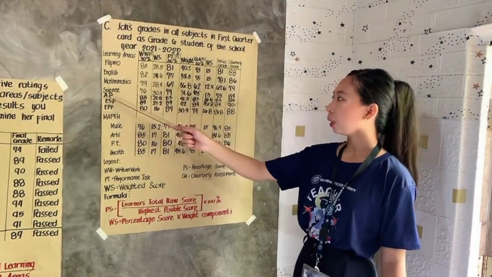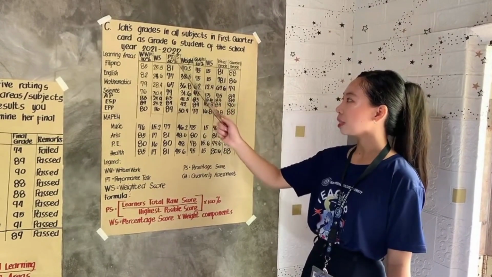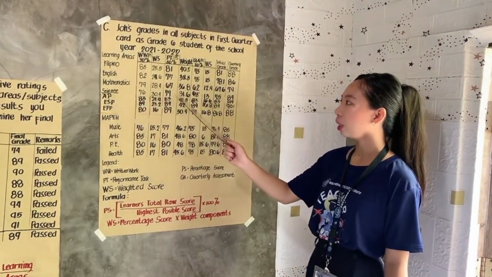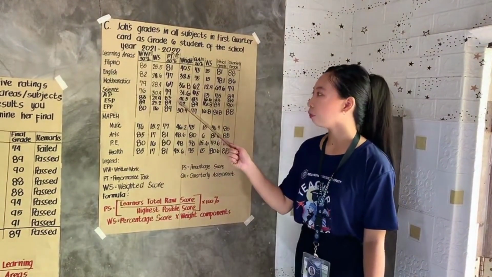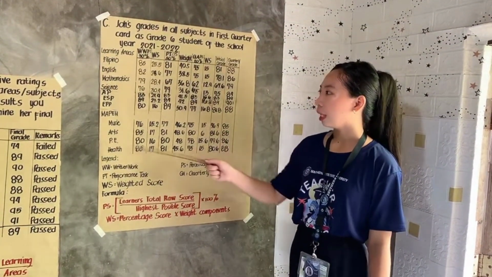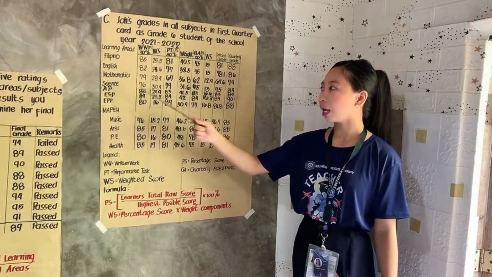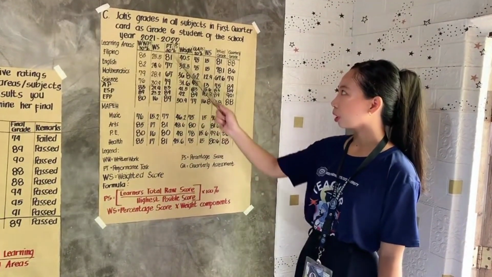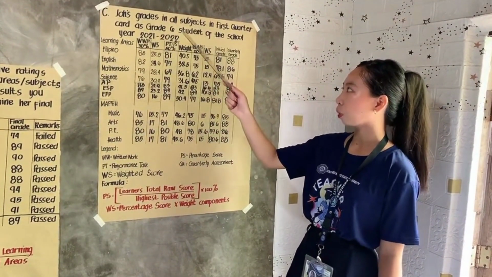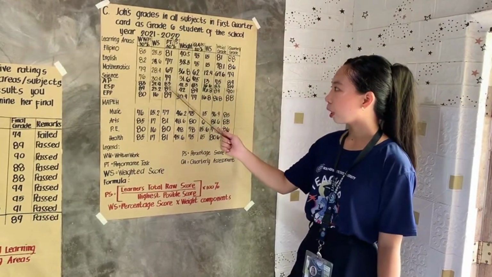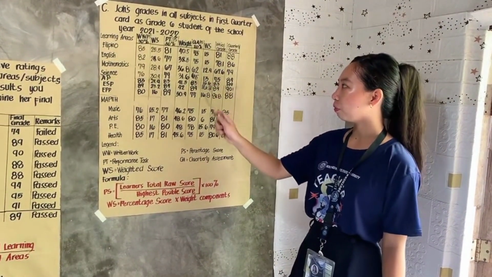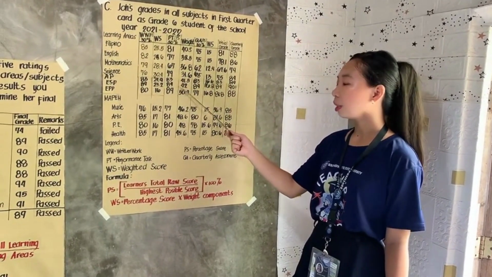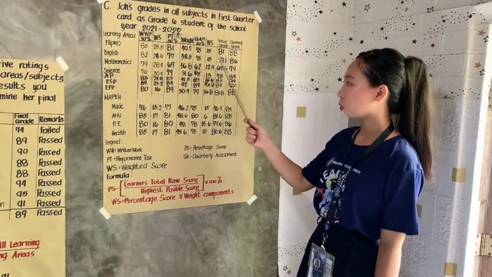And in Araling Panlipunan, in performance task, he got 83, multiplied by 0.50, he got 41.5. In Edukasyon sa Pagpapakatao, he got 84 in performance task for the percentage score, multiplied with 0.50, he got 42 as a weighted score.